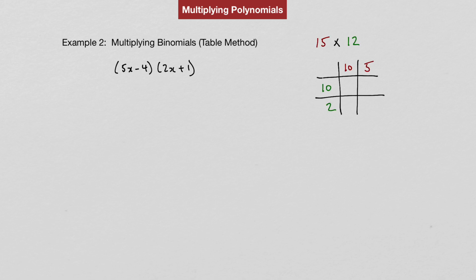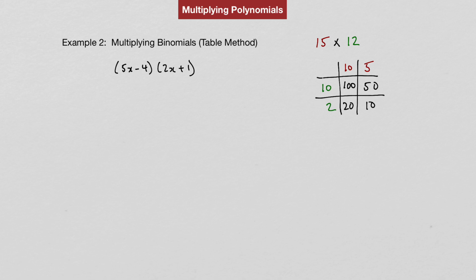If we were to do the multiplication here, we would multiply 10 by 10, and we would get 100 here. Then we would multiply 10 by 5, and that would give us 50. Then we would multiply 2 by 10, and that gives us 20. And finally, we would multiply 2 times 5, and that would give us 10.